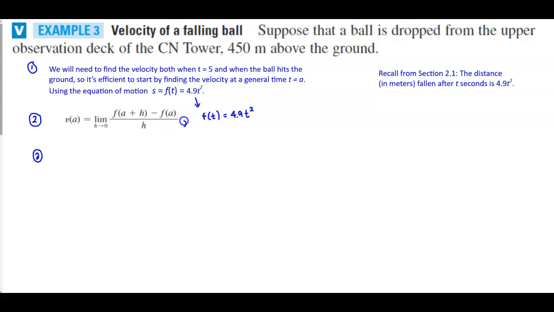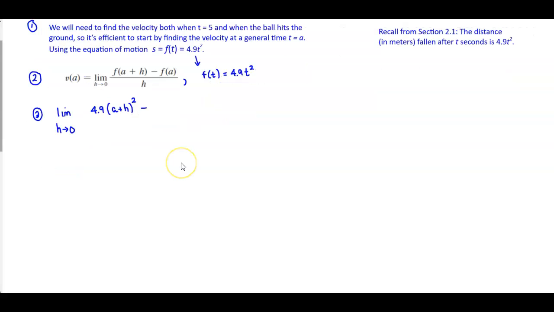So for step number 3, we want to find the limit as h is approaching 0 of f of a plus h. So that means we're going to take the function 4.9 and then use the input of a plus h for t, and then square it, minus, again using the same function, 4.9, plugging in the value of a and then squaring it, divided by h.